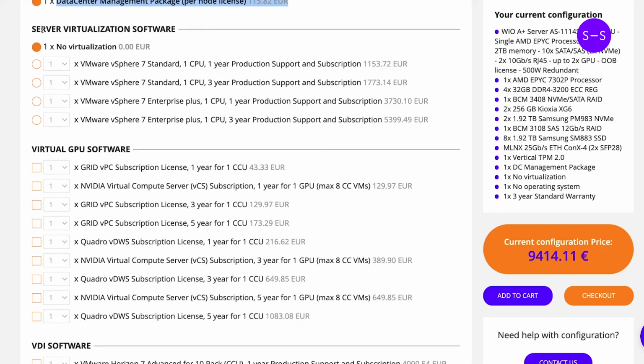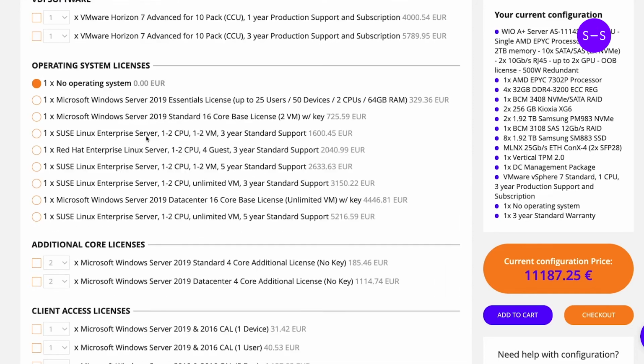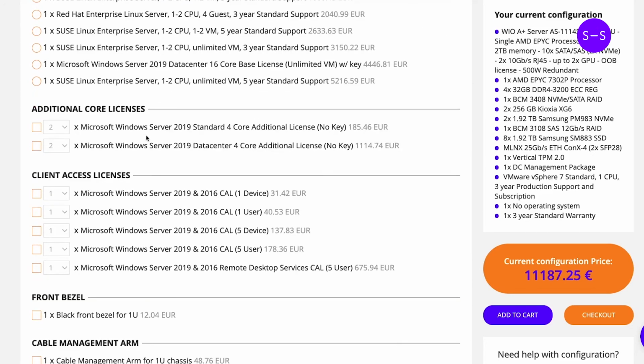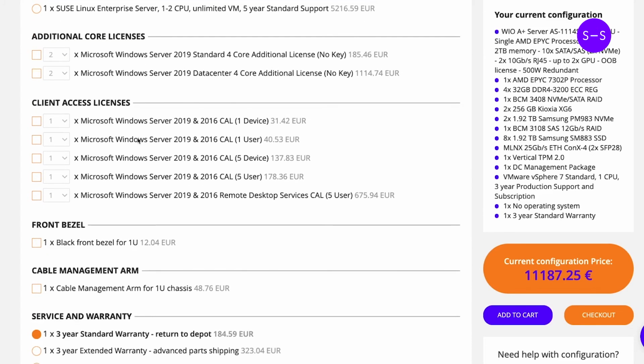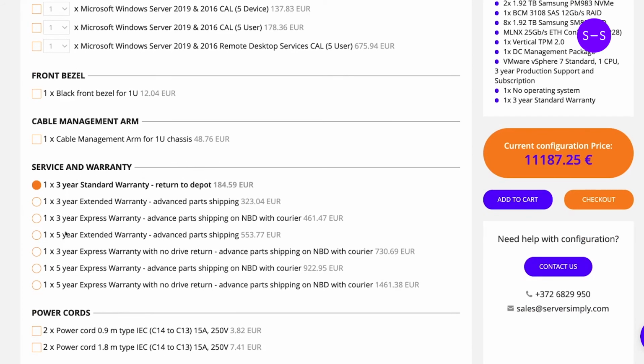Virtualization software, it's a very good idea actually to add it here already per CPU. Since this is only a single CPU system, it's quite cost optimized for software licensing as well. Just see that there are different operating system licenses available here to configure and purchase with the system, but that's only an option, not a necessity.